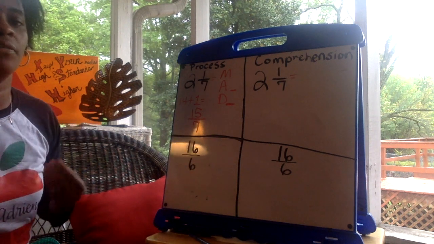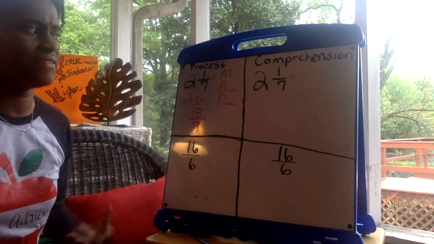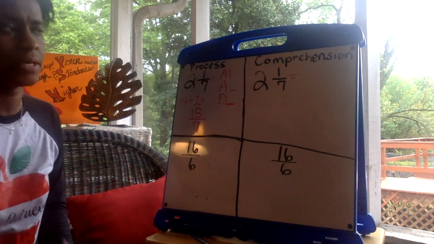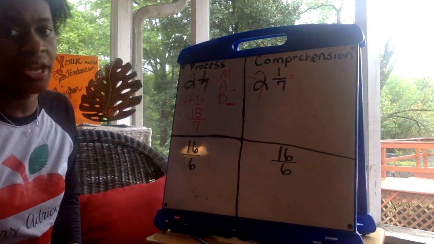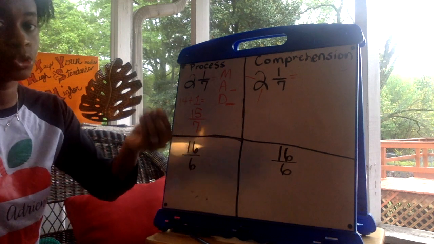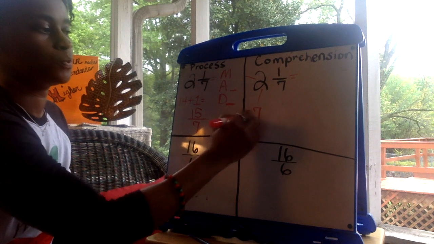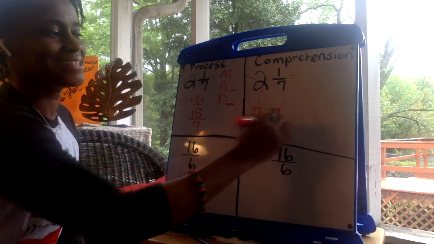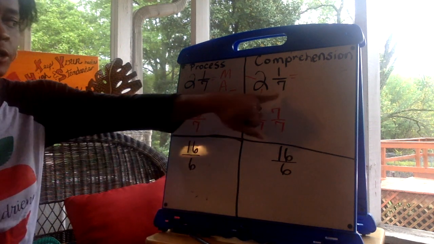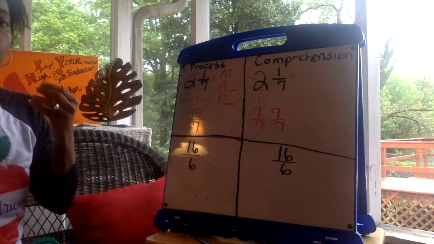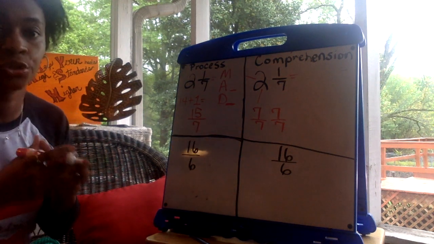But if you want more of an in-depth understanding of what 15 sevenths is or what 2 and 1/7 is, that's when you can branch out those 2 wholes, because those 2 wholes are made up of 2 7/7. And the reason why it's 7/7 is because our denominator tells us what part of whole, what's the whole that we're trying to create here.